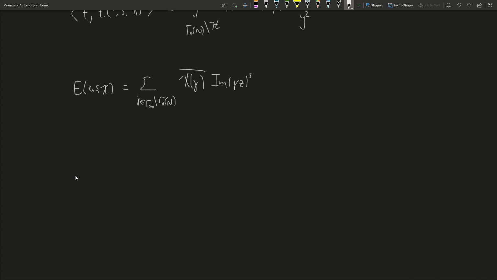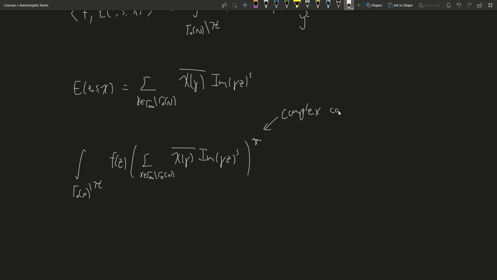So we get that the inner product is equal to the integral over the upper half plane mod Γ_0(N) of f(z), and then here I'm going to write it like this: the sum over γ in Γ_∞ mod Γ_0(N) of χ(γ) bar, imaginary part of γz to the s, and then here I'm just going to write an asterisk to indicate complex conjugation, because it's kind of unwieldy to put a bar over the whole thing, so this just means conjugation.